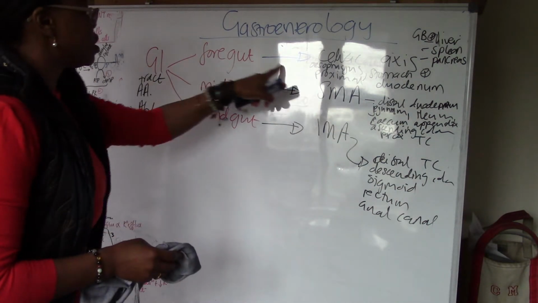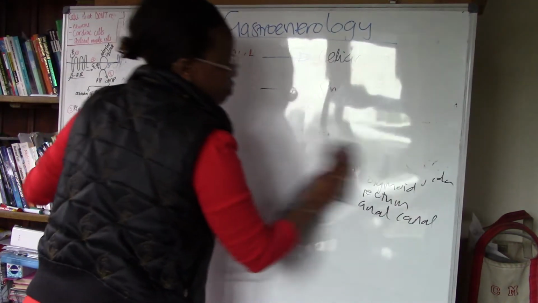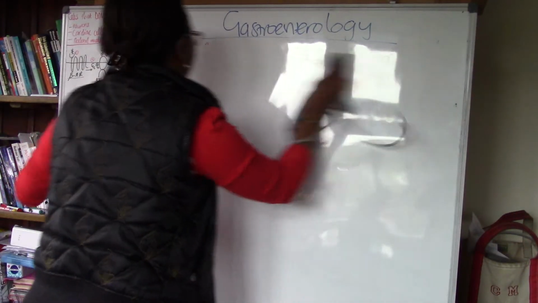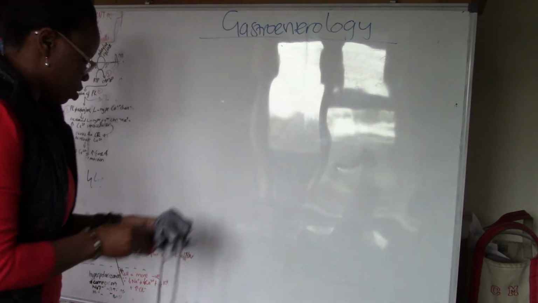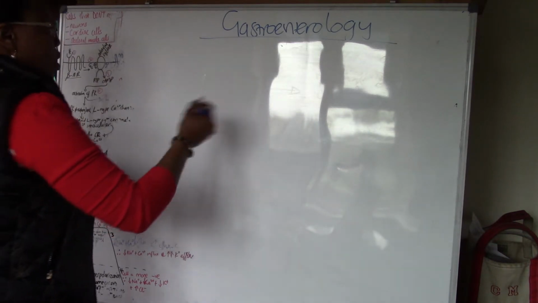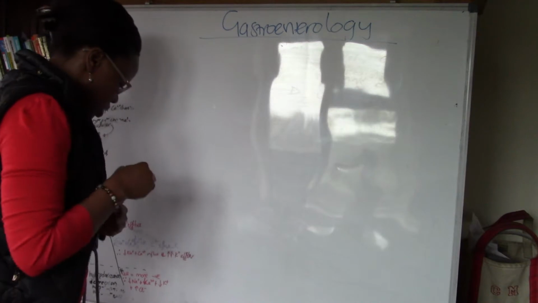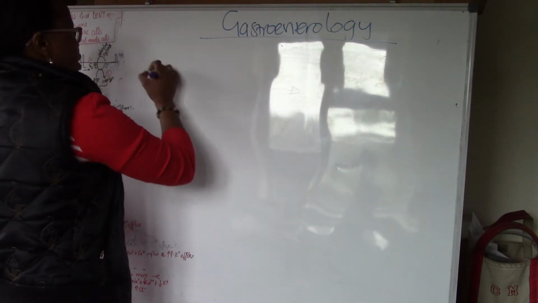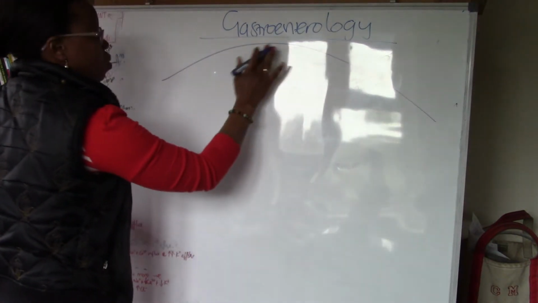So I'll just very quickly show where everything lies, and then specifically focus on the foregut. I'm going to base this on the diaphragm, so let's just draw it as a dome like that.